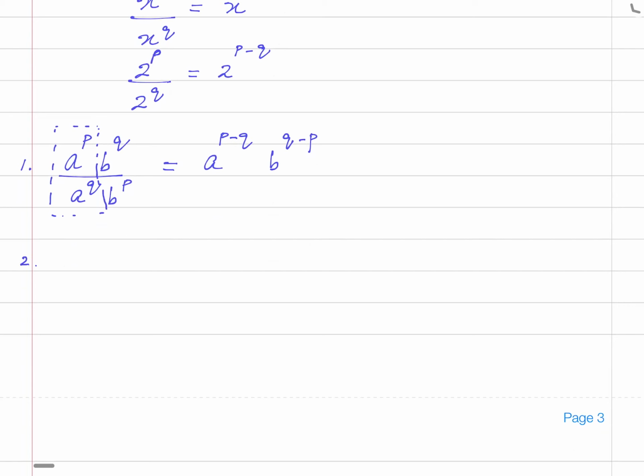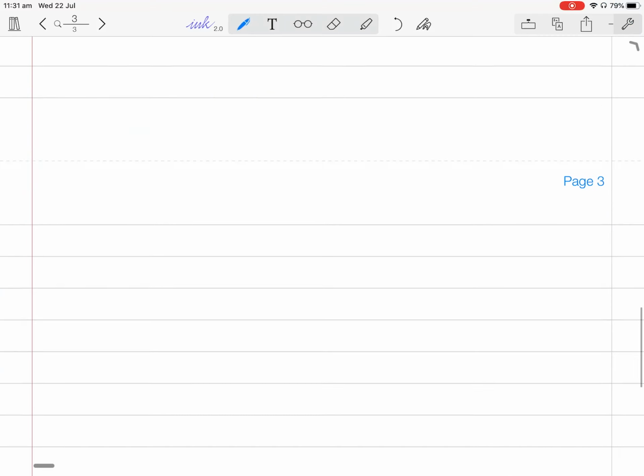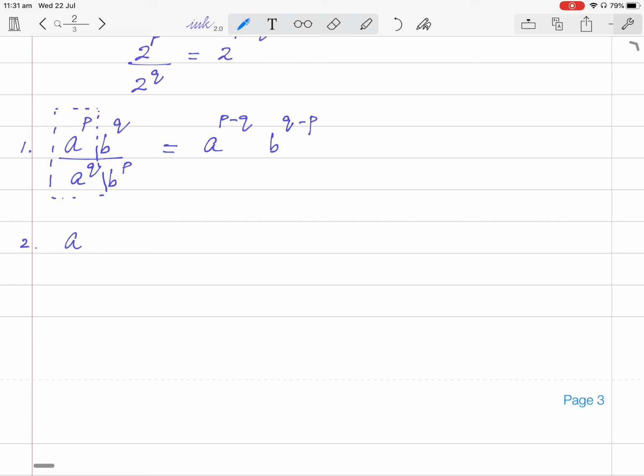Now, if you have an example with a minus power, for example, a to the power 5, b to the power 10, and a to the power minus 2 divided by b to the power minus 2, something like this.